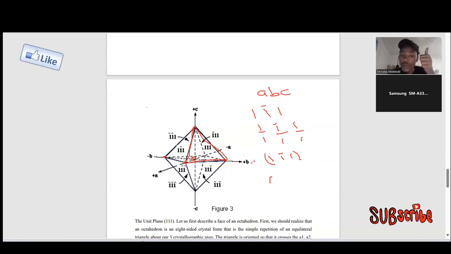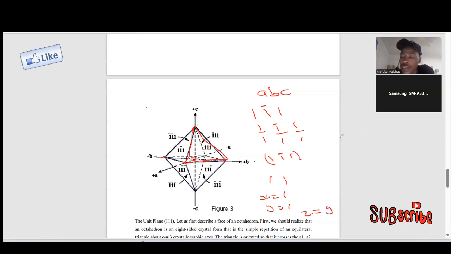Then now it's 1, and then do we have B here? Yes, and then it's positive, so the intercept, X is 1, Y is also 1. Then do we have intercept here? C, yes, it means Z is also 1. You are taking the reciprocals, 1 over 1, 1 over 1, 1 over 1, which is basically 1, 1.